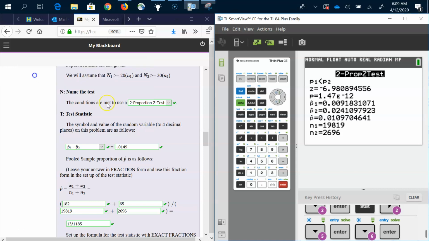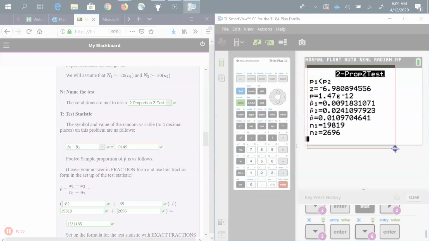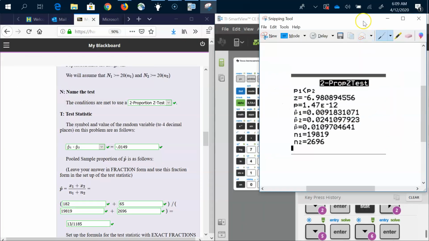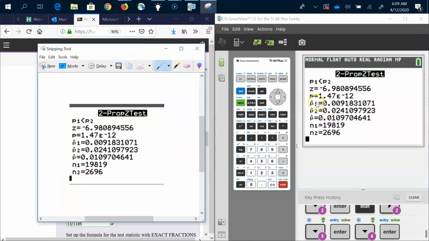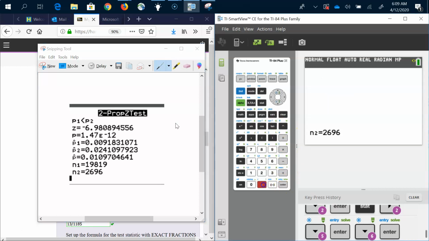I'll do a new copy, move this over to the side, and subtract P1 hat minus P2 hat. But as soon as I try to do this, it just erases the screen. So I've copied it over here.